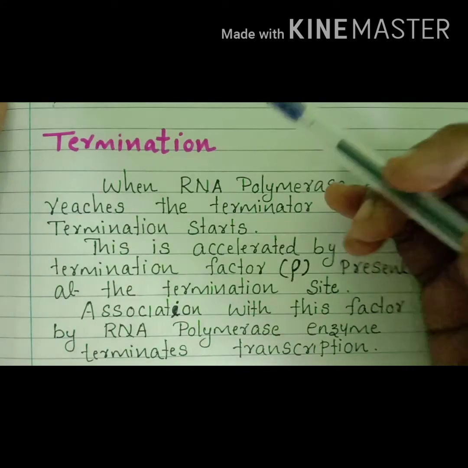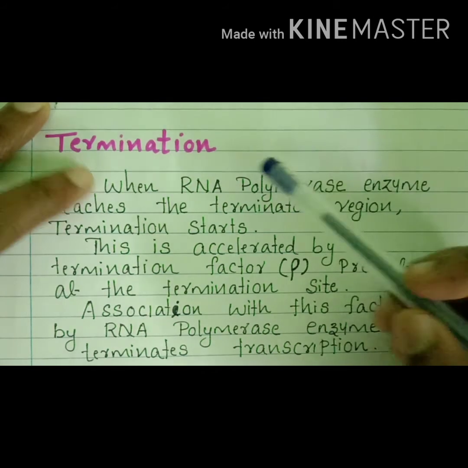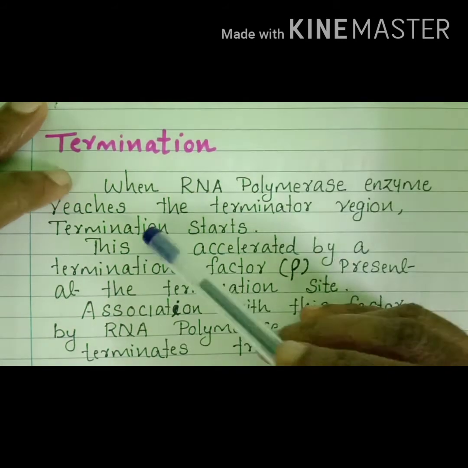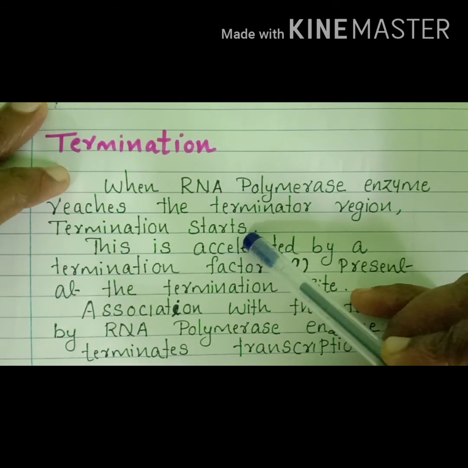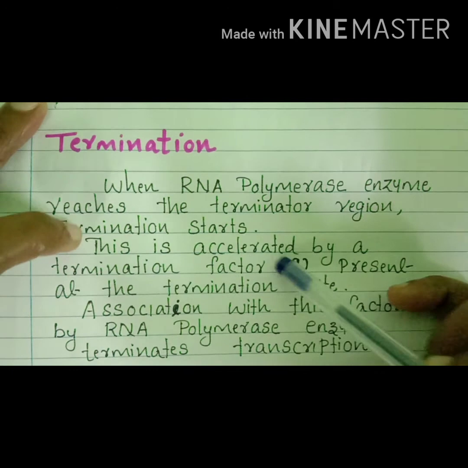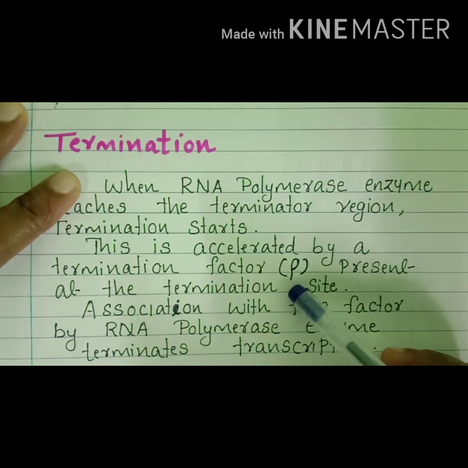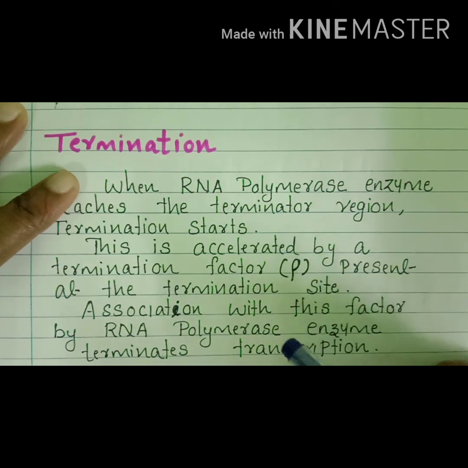Next comes the third step, that is termination. When the RNA polymerase enzyme reaches the terminator region, termination starts. This is accelerated by a factor called the termination factor or Rho factor, which is present at the termination site.